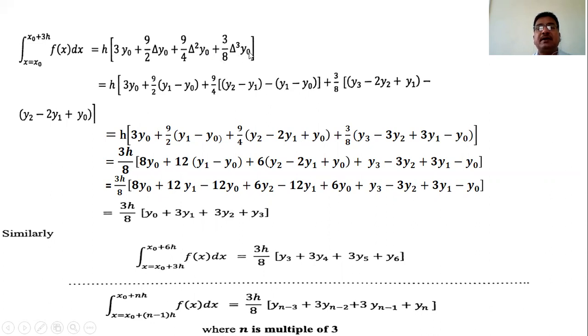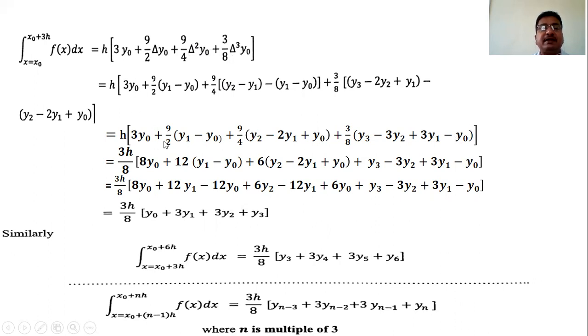Delta of delta square y0. And delta square y0 is this, so find delta of y2, delta of y1, 2 into delta of y1, delta of y0. We have this answer. This calculation was already observed in the forward interpolation chapter, where delta square y0 and delta cube y0 were already determined. So by using that, we have this step.